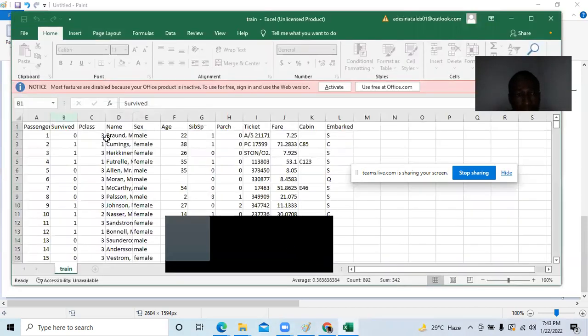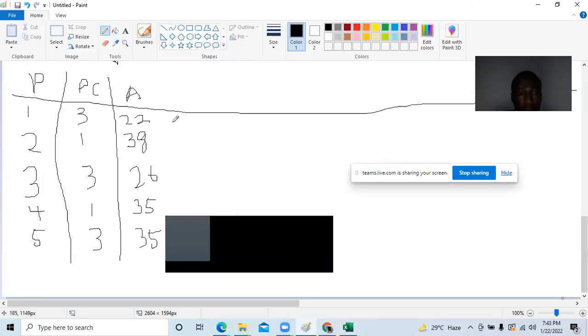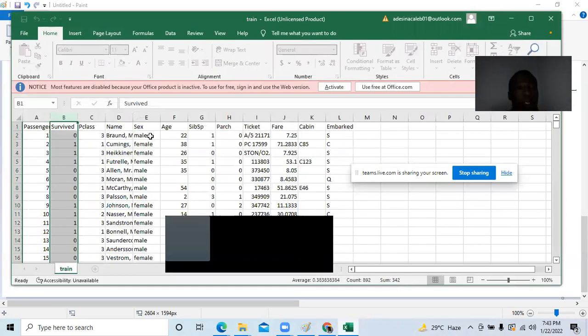Sex now. Let me do sex now. I'll call it gender. Now I'm not going to use male and female. I'm going to say male is 1 and female is 0, right? Because that's what we do in machine learning. So this will be 1, 0, 0, 0, 1.